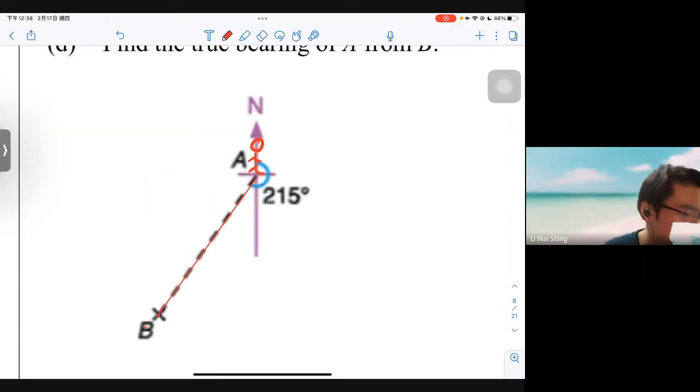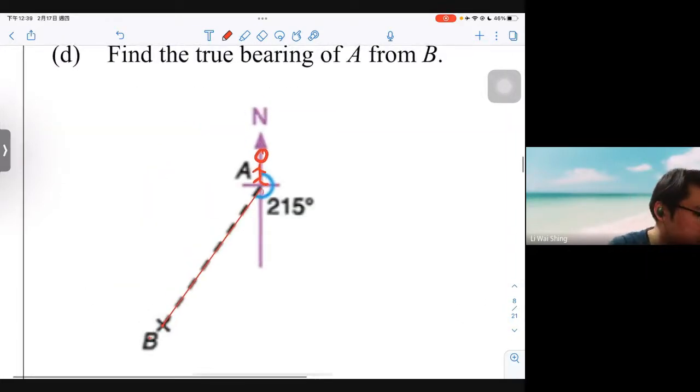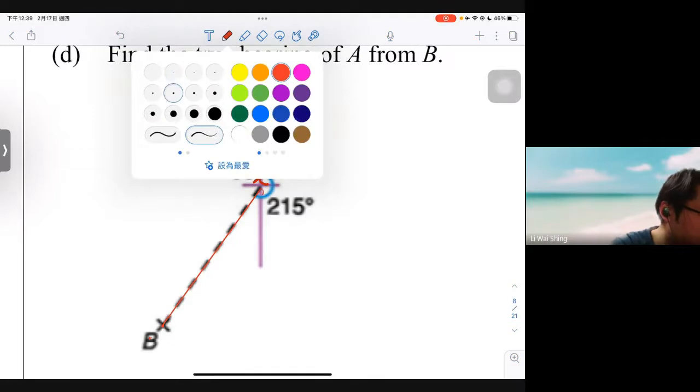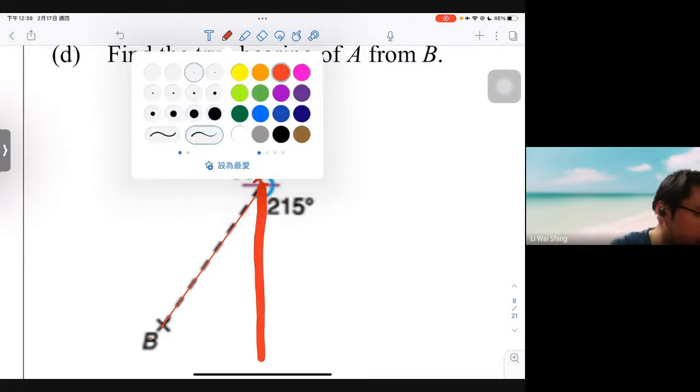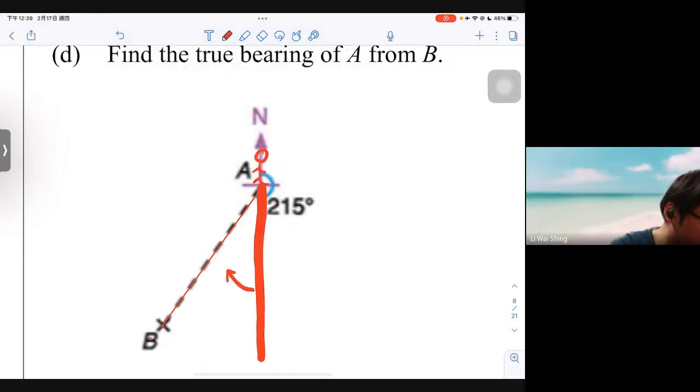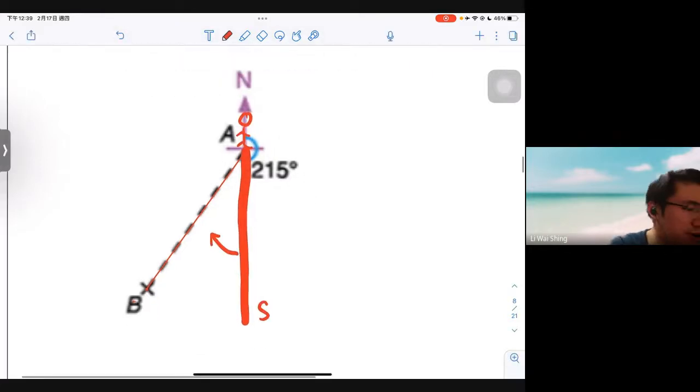So maybe we can do that together. This time we start from the direction south, and look in this direction. So you need to find this angle here. Let's name it as theta.